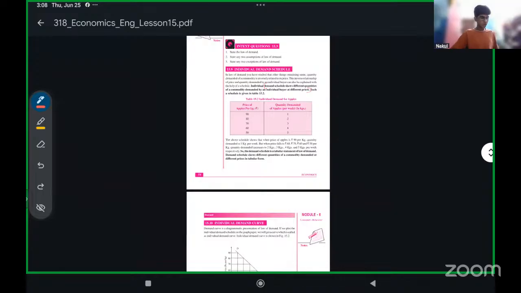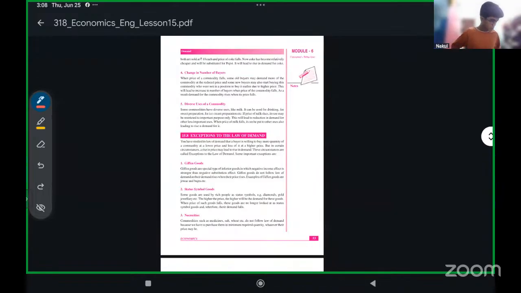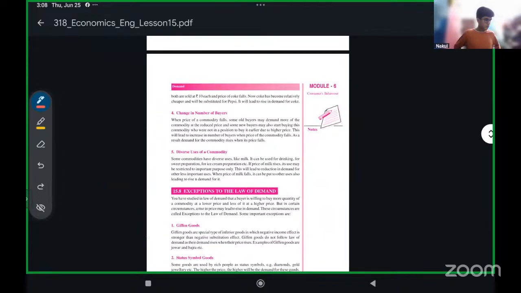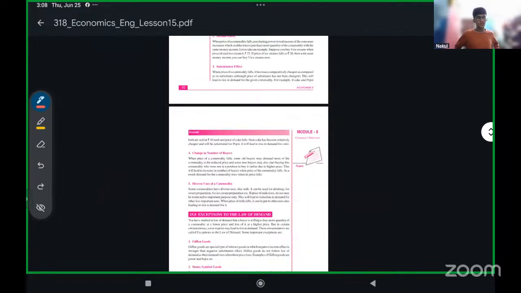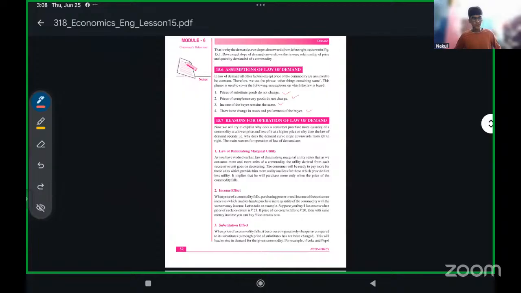So the basic difference, they're just asking for both of the definitions, right?